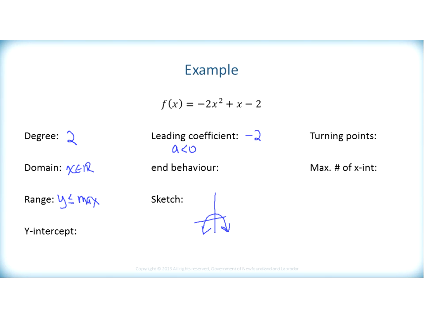And the end behavior would be quadrant 3 to quadrant 4. The number of turning points in a quadratic would be 1. And the maximum number of x-intercepts would be 2.